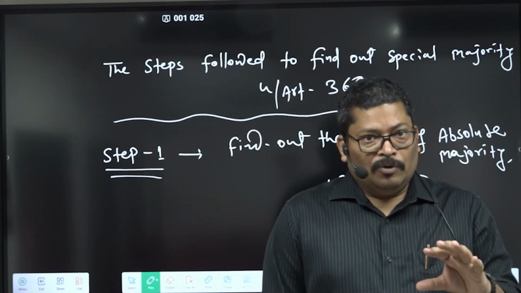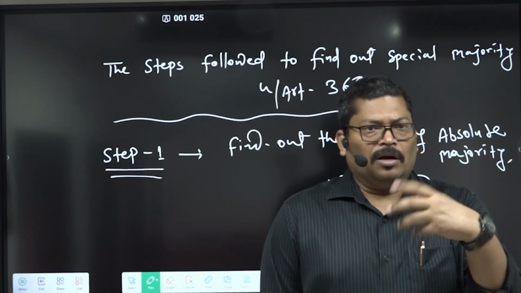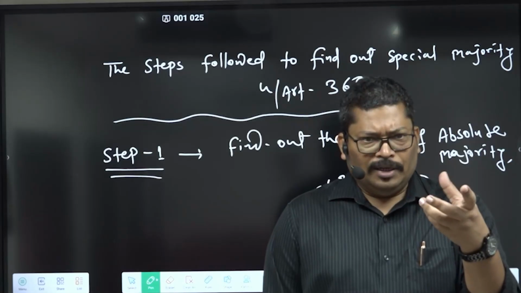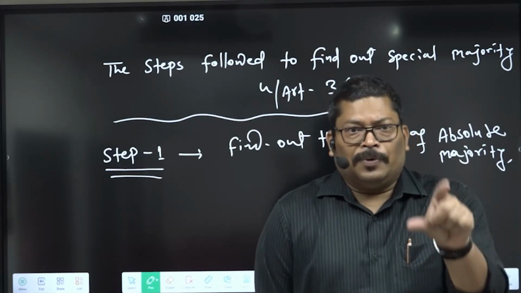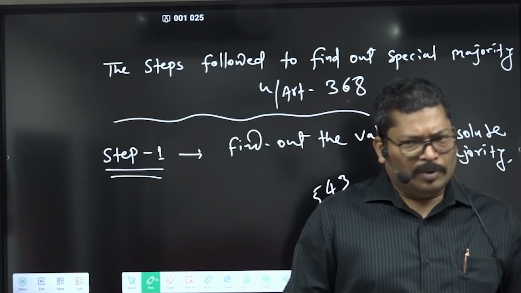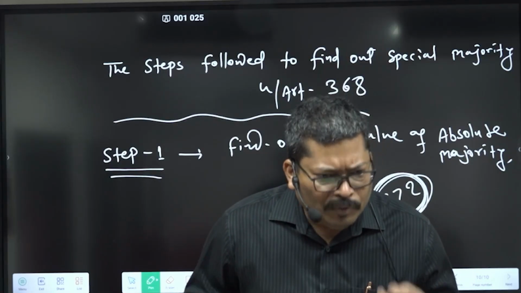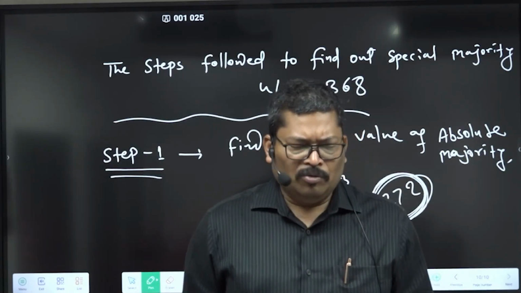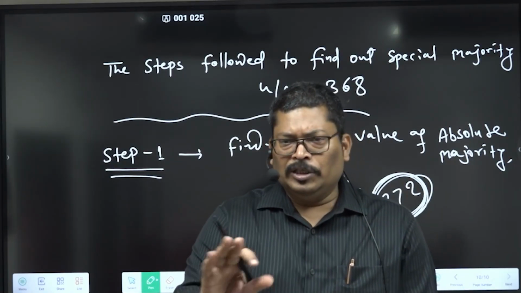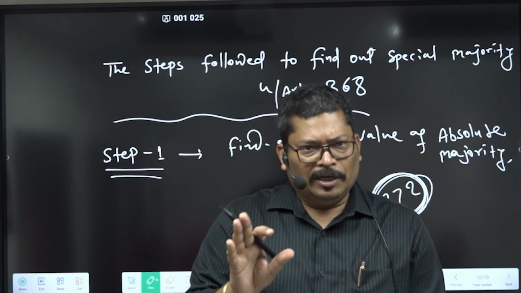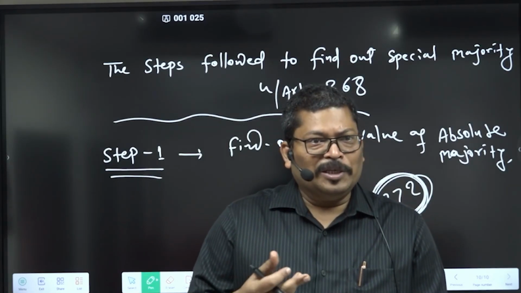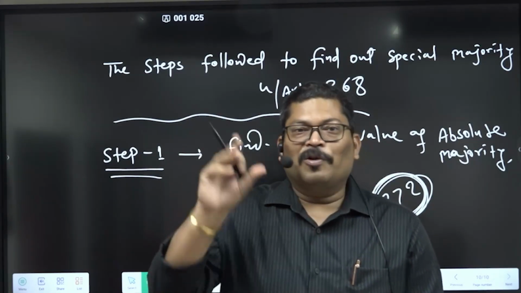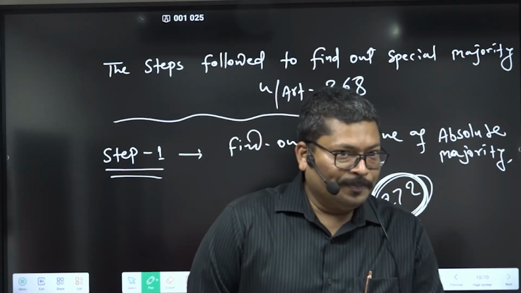Lok Sabha will have to conduct a mere formality by getting that resolution ratified with the help of simple majority. Simple majority means a majority of more than 50% of the members present and voting. And this is how the chairperson of Rajya Sabha, or in other words the Vice President of India, is removed from his office. One more thing.